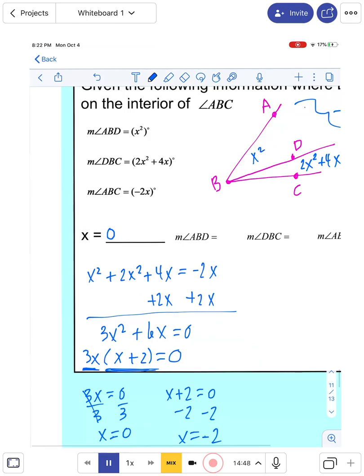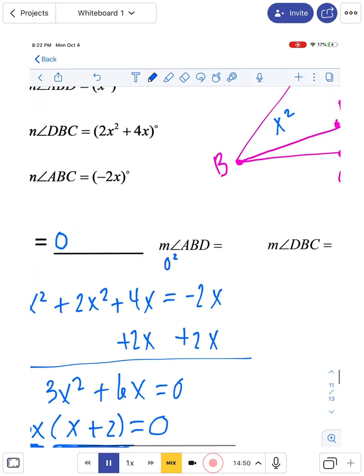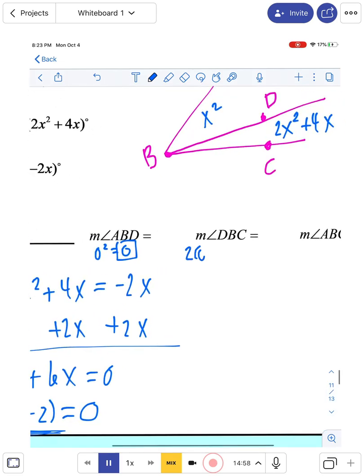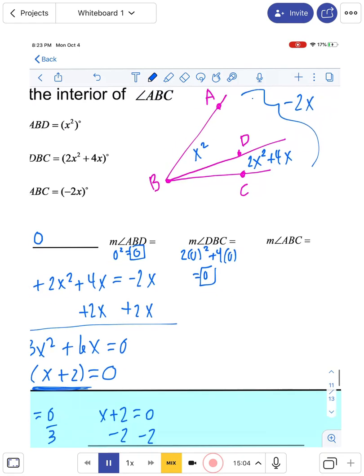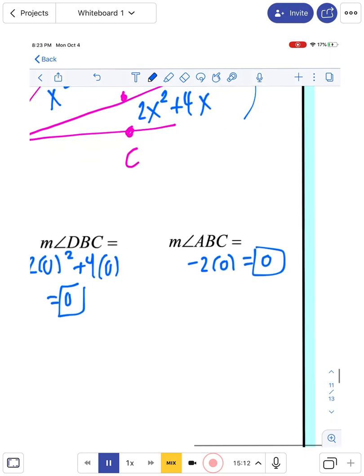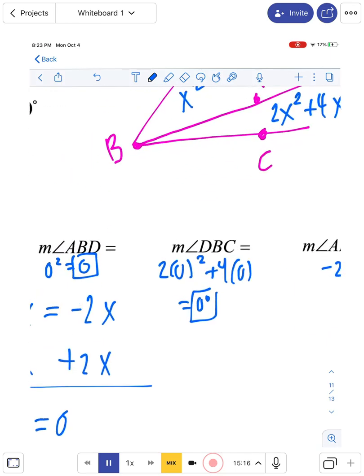So if x equals 0, I want to find angle ABD. I'm going to substitute it in, and we get 0 squared, which is 0. Then we find DBC, so I get 2 times 0 squared plus 4 times 0, which is also 0. And angle ABC is negative 2 times 0, which is also 0. So this is where this problem is a little weird, where all the angles end up equaling 0.